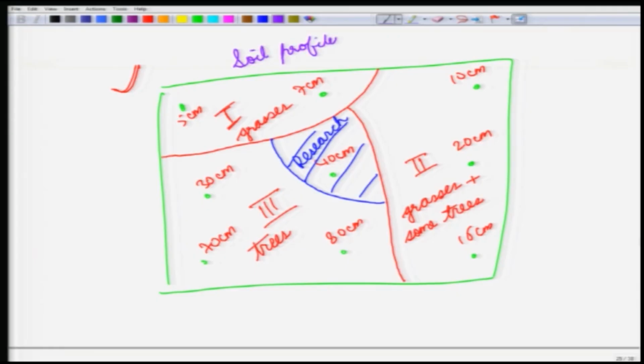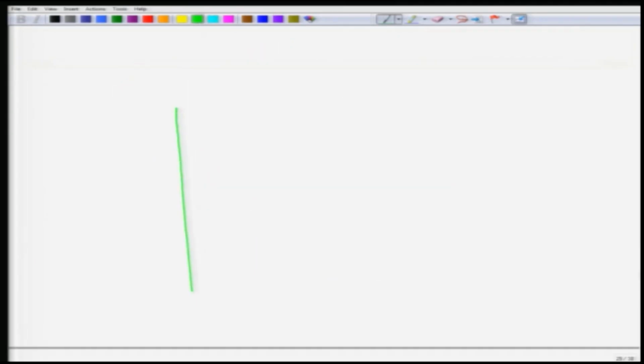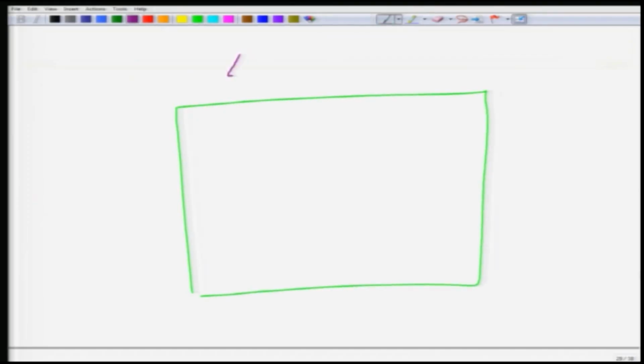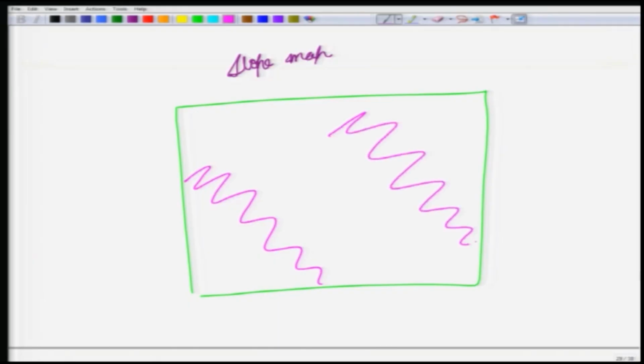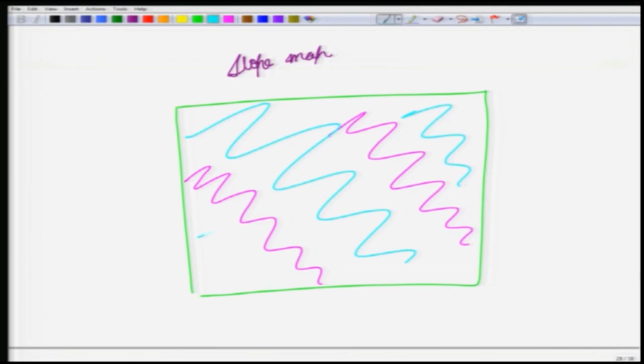Now, similarly, you may also generate a map of the slope of the area. So, this is a slope map. Probably it will show that these are the areas with high slope and these are the areas with low slope and these are the areas with moderate slope.